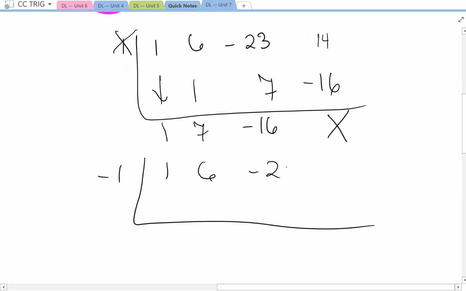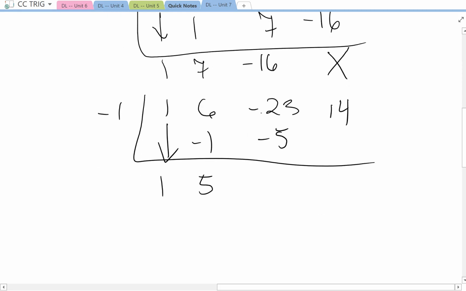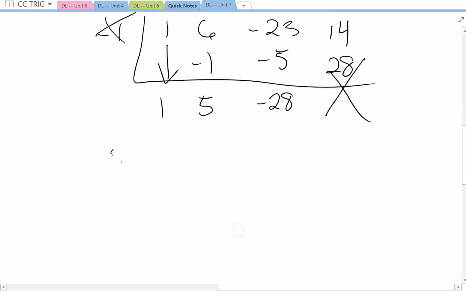Let's try negative 1. Just like dominoes, the first one has to fall. Negative 1 plus 6 is 5. 5 times negative 1 is negative 5. Negative 5 plus negative 23 is negative 28 times negative 1 is positive 28. Nope, that one doesn't work.